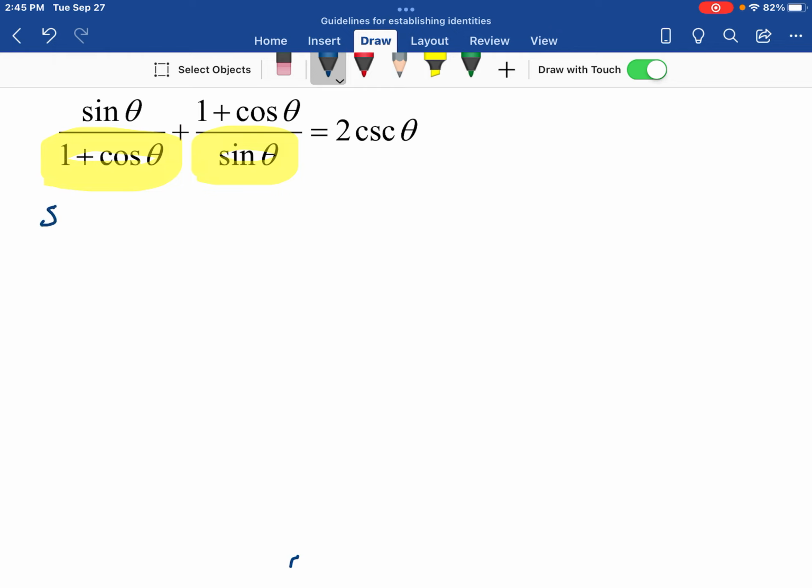So the first one is going to be sine theta, and the least common denominator is 1 plus cosine theta times the sine of theta.